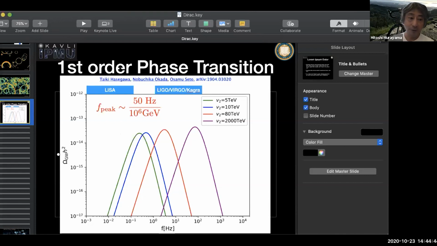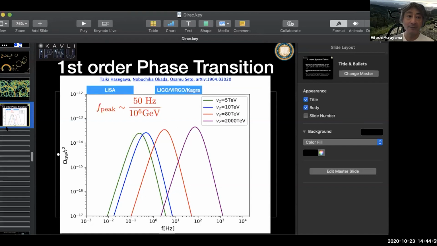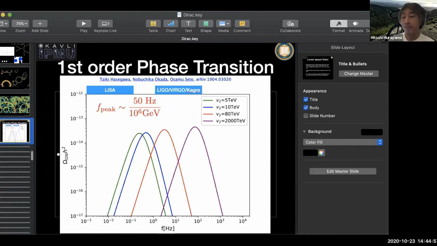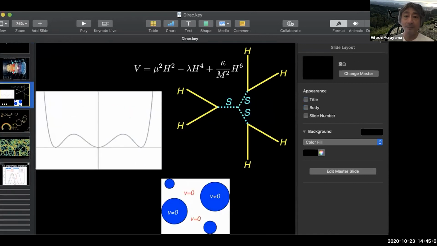And as you know, the standard model actually doesn't lead to any phase transition whatsoever. It's a crossover. So you really need a more complicated Higgs sector to make the first order phase transition possible. But nonetheless, it is possible. And in that case, of course, we also expect the Higgs self-coupling to come out differently when you measure at the collider experiments. So that would be the complementarity.